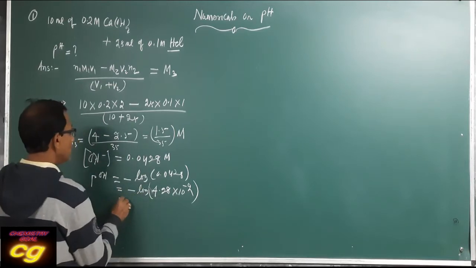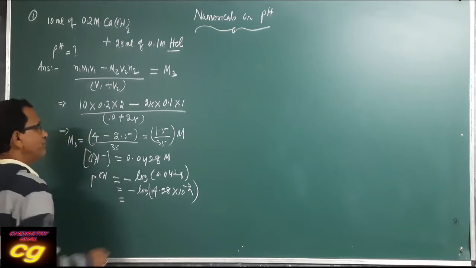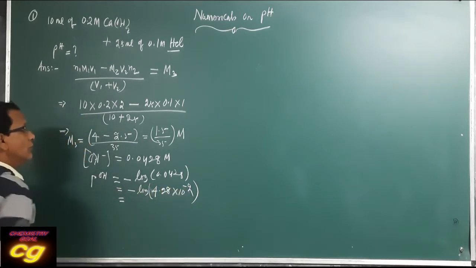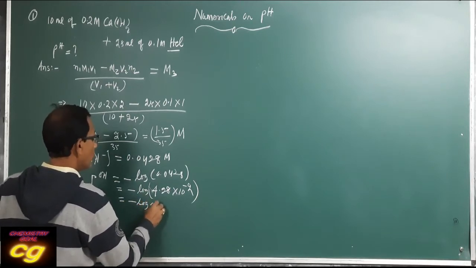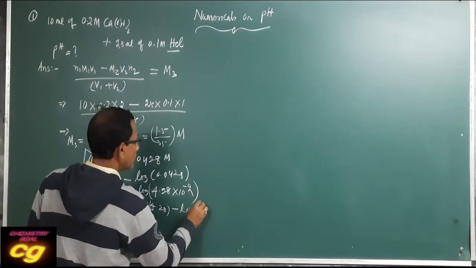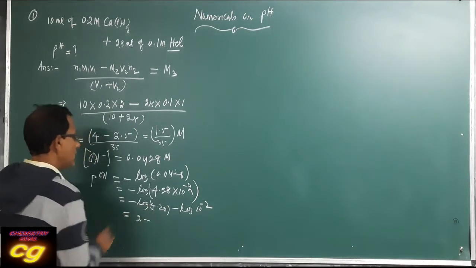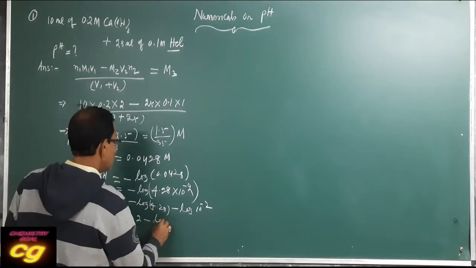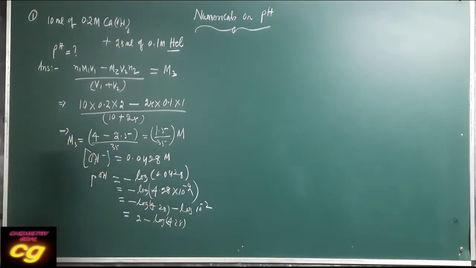Then pOH will be how much? Minus log of 4.28 into 10 to the minus 2, that is minus log 4.28 minus log 10 to the minus 2. So the result will be 2 minus log 4.28. So this is the value of your pOH.